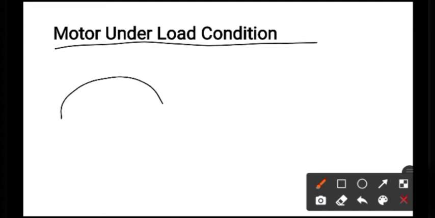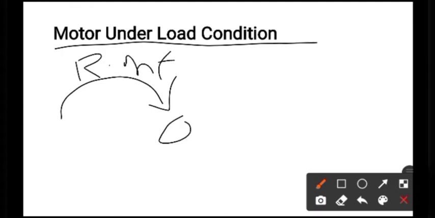Now we are going to see the motor under load condition. Let us discuss the behavior of the induction motor under load condition. Firstly, this is the direction of the rotating magnetic field and this is the conductor. Consider two different cases. First case, the conductor is stationary.